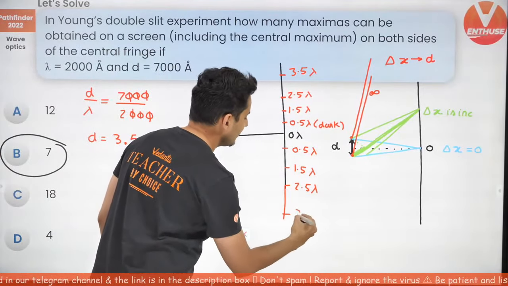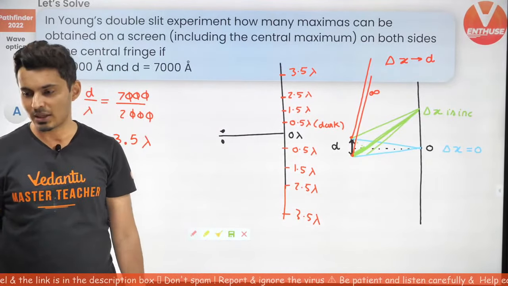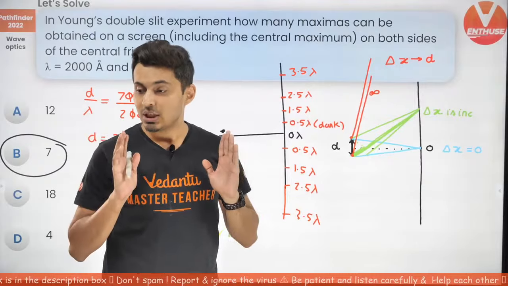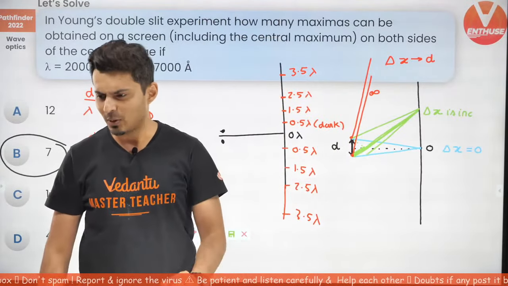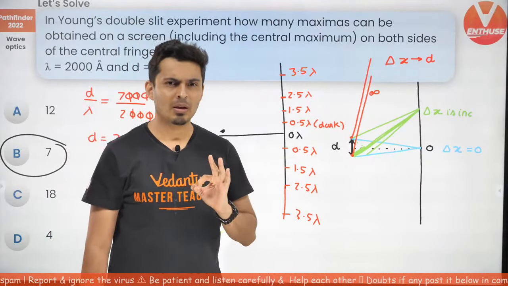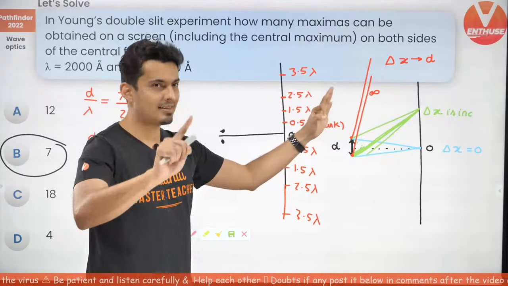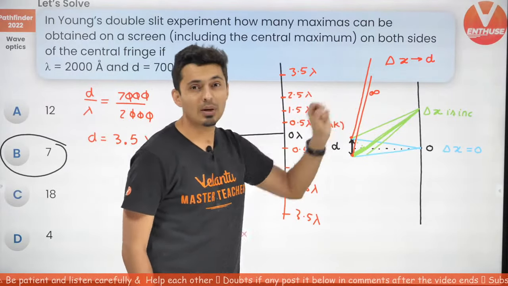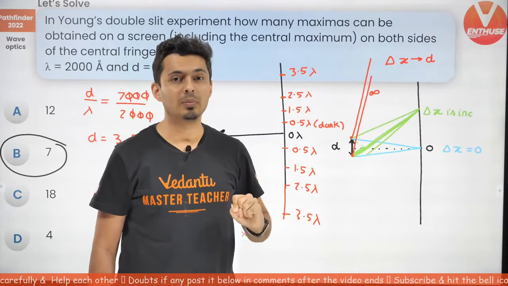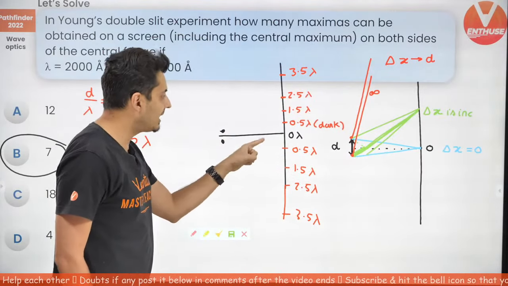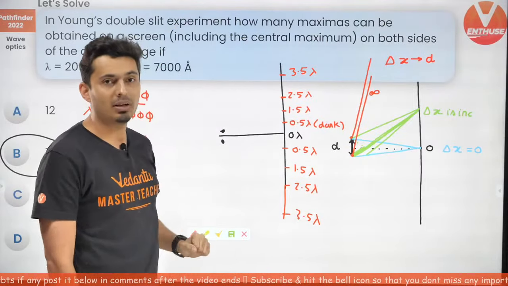What do you guys suggest? Should we take 3.5 lambda? Think about it. Obviously, if you go by mathematics, you will realize that this is tending towards it, and the meaning of tending is that it never becomes equal to. So the path difference delta x never actually becomes 3.5.